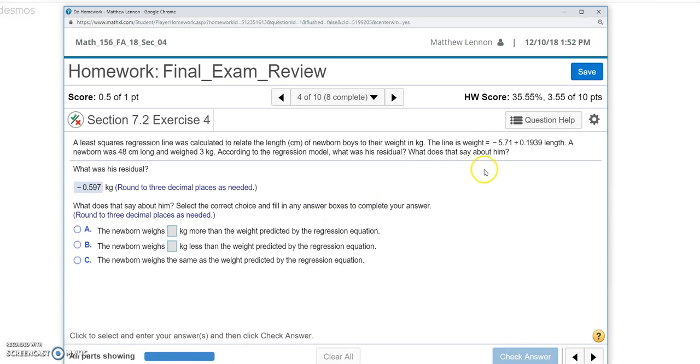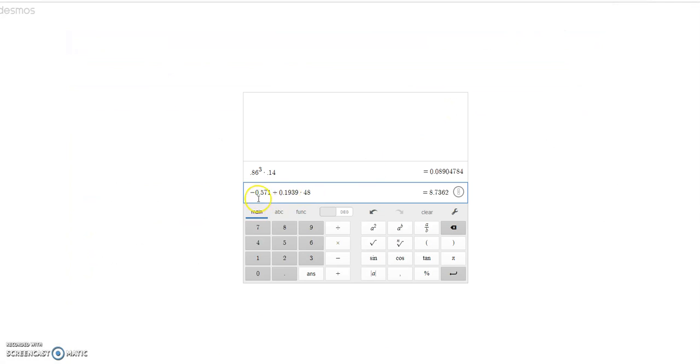So they're saying the residual. So he weighed 3 kilograms, and we're trying to figure out, oh, it's 5.71. I think I did something different there. So let's go back to the calculator. I did 0.571, so negative 5.71. There you go. So that's the predicted value.